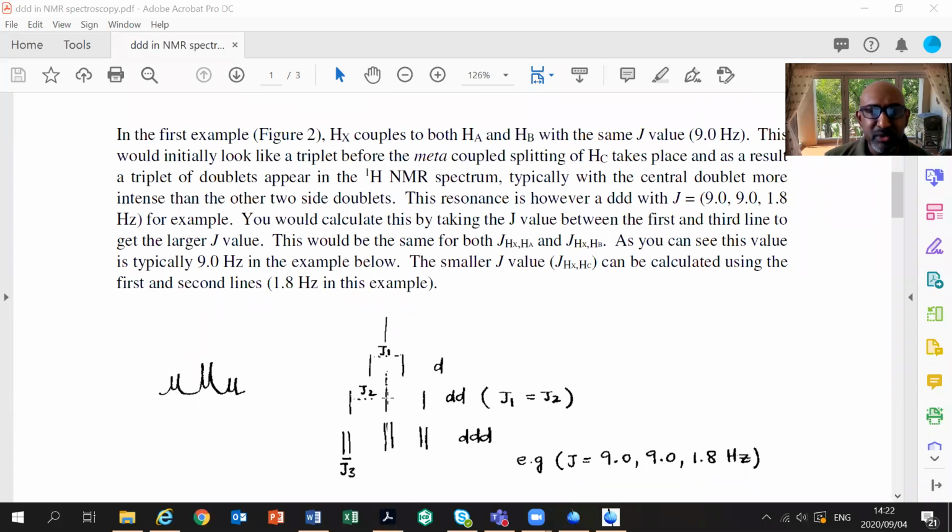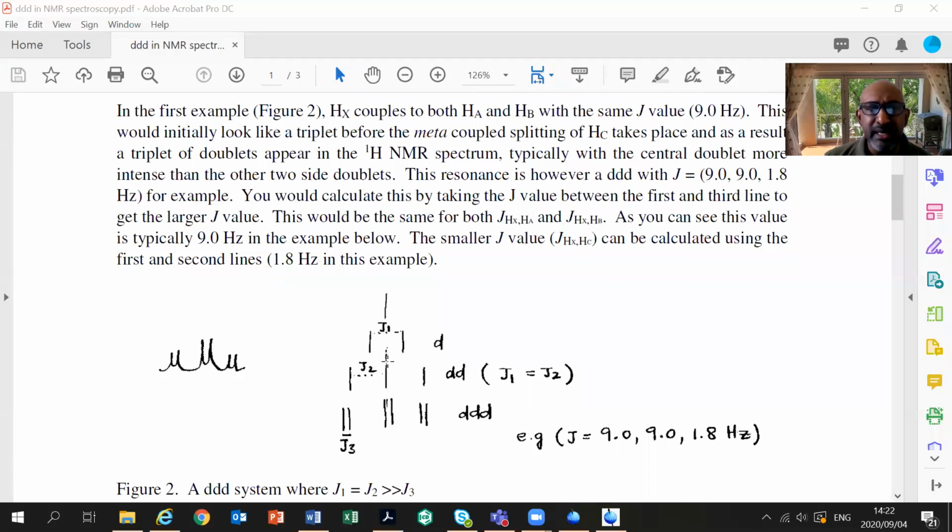It's not a triplet; we call it a pseudo triplet because the two lines on either side of these two peaks coincide. Remember that a true triplet would be 1:2:1, right? And in many cases, the pseudo triplet is not 1:2:1, it's some other arbitrary value, right? So we get a pseudo triplet in this case.